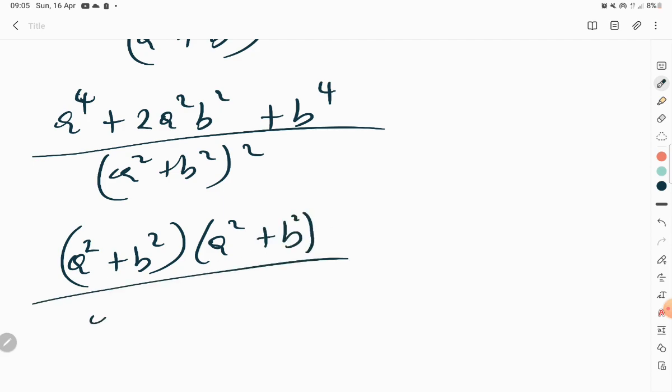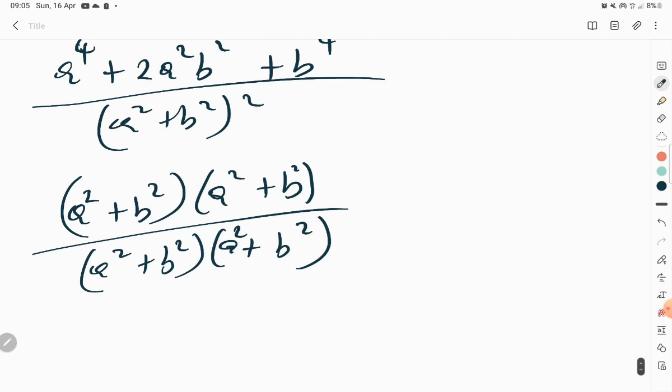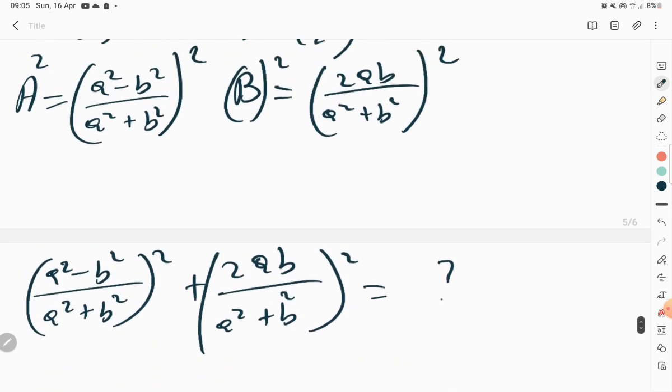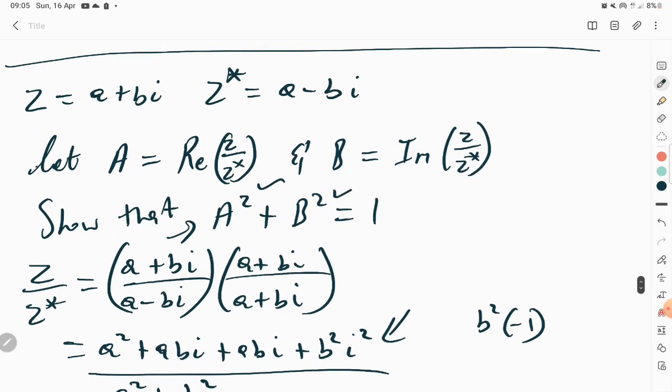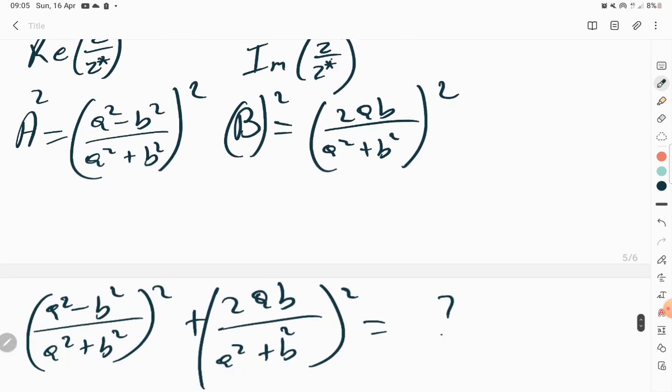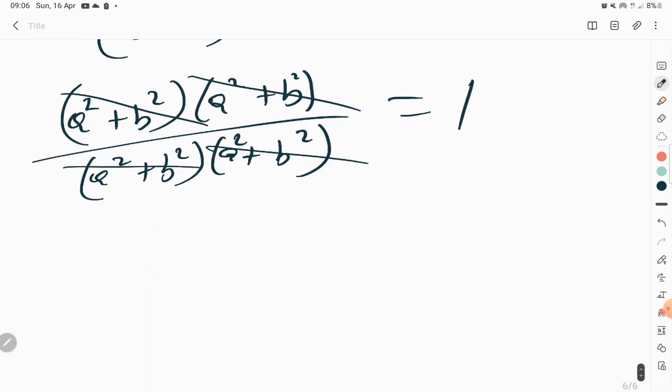We can also expand this so it's clear when they cancel each other. This cancels that and this cancels that, then you just get 1. So it is indeed shown that the sum of the squares is equal to 1. It's just a matter of playing with numbers and getting along with what is required.